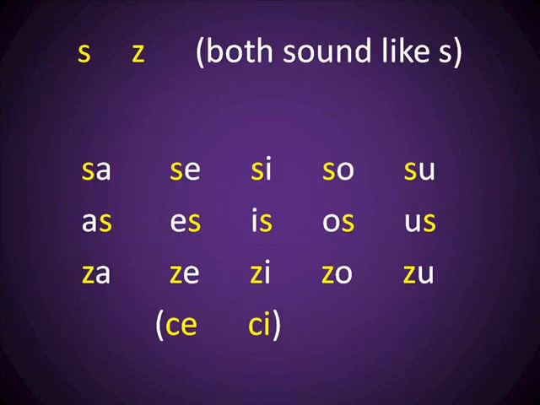These two letters sound like S. Sa, se, si, so, su. As, es, is, os, us. Let's include ce, ci, since they also are pronounced with the S sound.